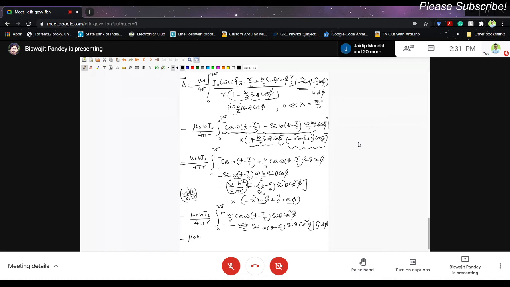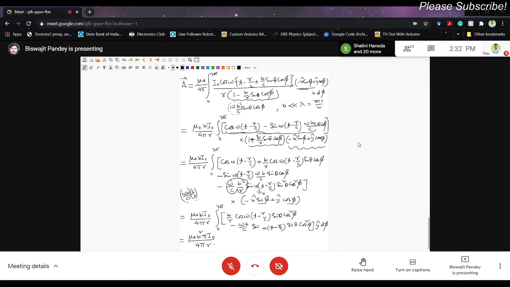We have a b here, we have a b here, so maybe we can take b outside. Both the terms contain b, so mu 0 b square. And if I integrate these phi terms, I will get a pi, so I'm putting that pi outside. Pi integral is done. Pi I0 divided by 4 pi r, right?